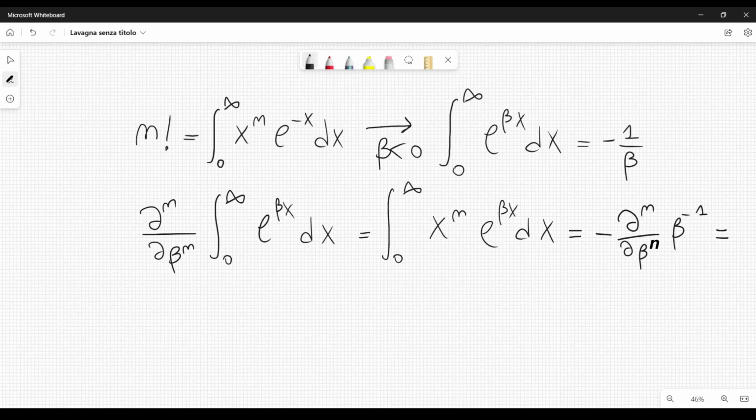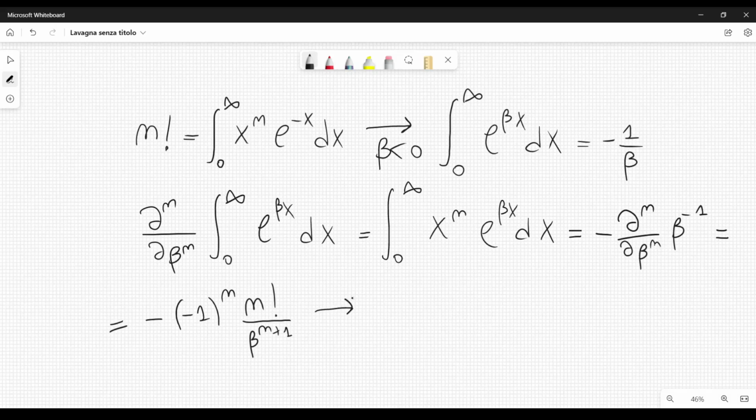Now you can find the formula for this derivative. It is quite easy to see that this is equal to minus, then we have minus 1 to the power n, n factorial divided by beta to the power n plus 1. It's easy to find a recursive formula for this nth derivative.